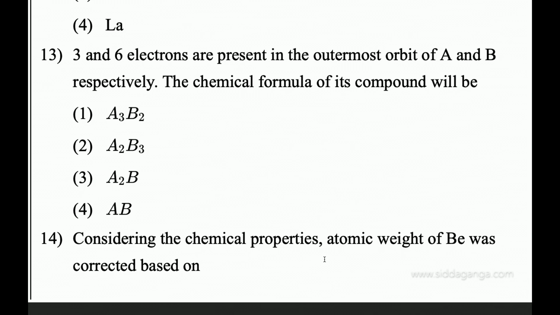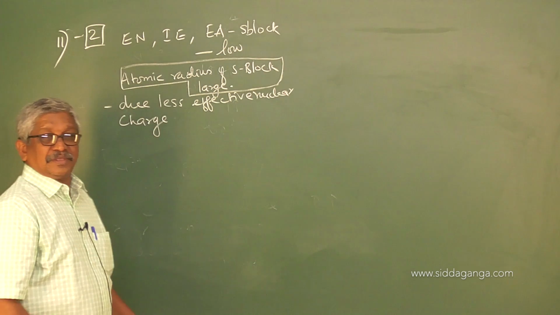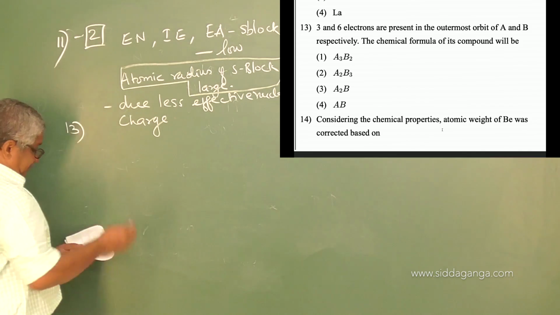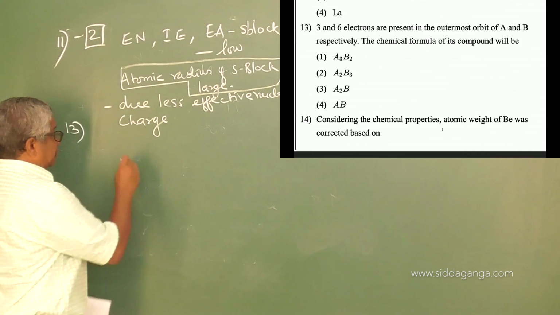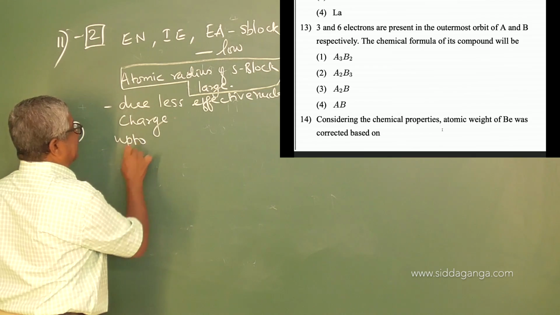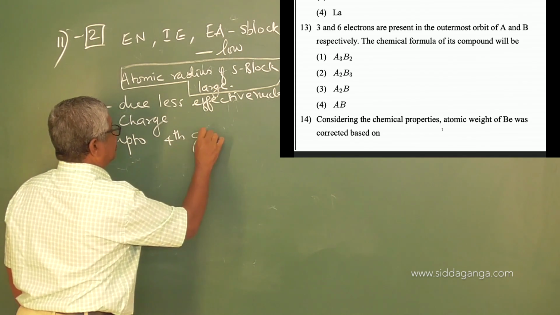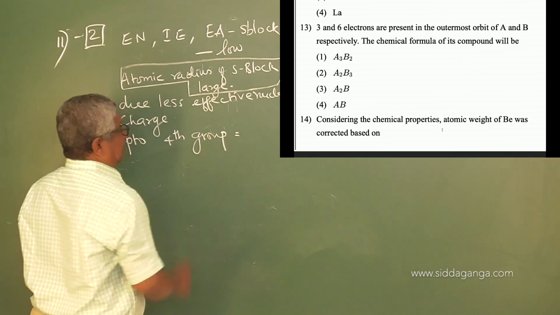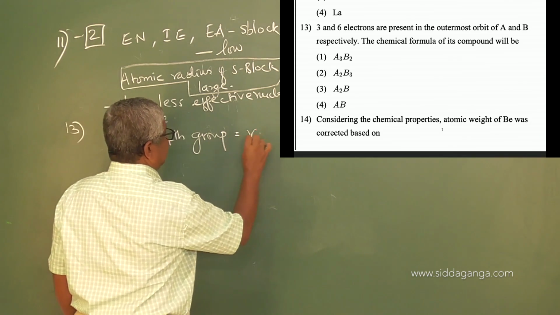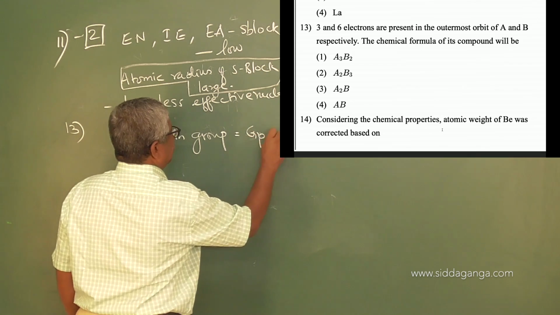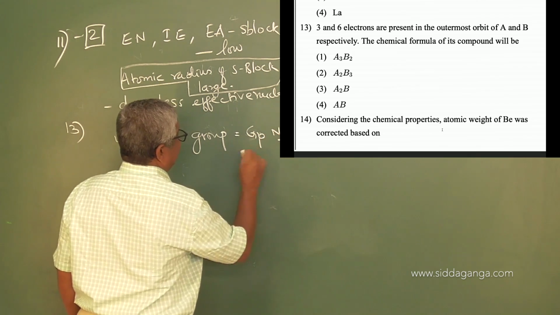So the chemical formula of its compound will be question number 13. So then up to 4th group, ನೆನಪಿಟ್ಟುಕೊಳ್ಳಿ, ಈ ಪಾಯಿಂಟ್ಸ್ ವೆರಿ ಇಂಪಾರ್ಟೆಂಟ್. Up to 4th group, group number is the valency.